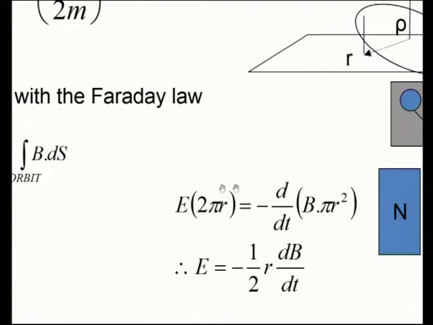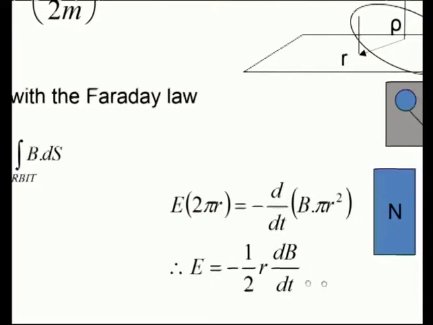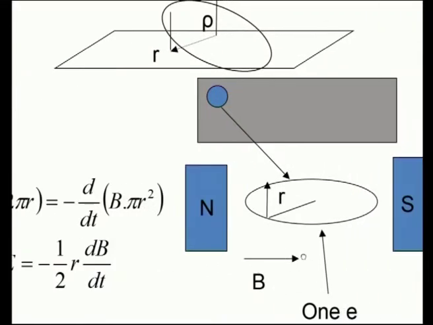So, this is a circular area, so πr² we get, and then d/dt is there. Since πr² is not varying with time, B will vary with time. So, we take first derivative of B with respect to time on the right side, and here 2πr is there, then we cancel out the common terms, and finally we get E = -(1/2) r dB/dt.